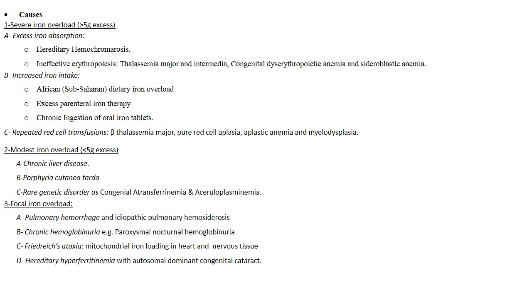We illustrated how ineffective erythropoiesis affects hepcidin secretion through the release of some mediators from the erythroblast during erythropoiesis, such as growth differentiation factor 15 and twisted gastrulation 1, which inhibit hepcidin.